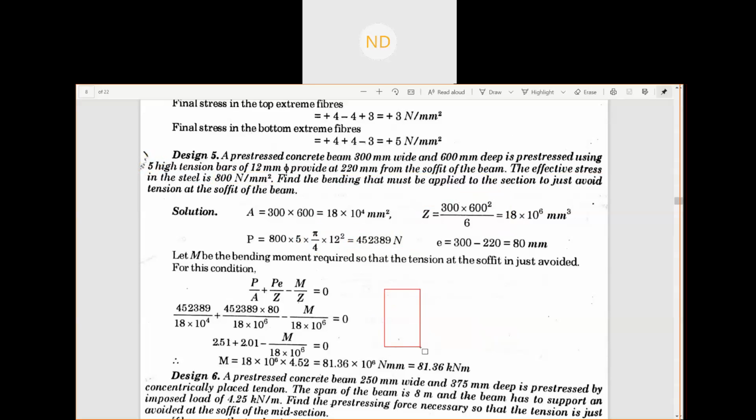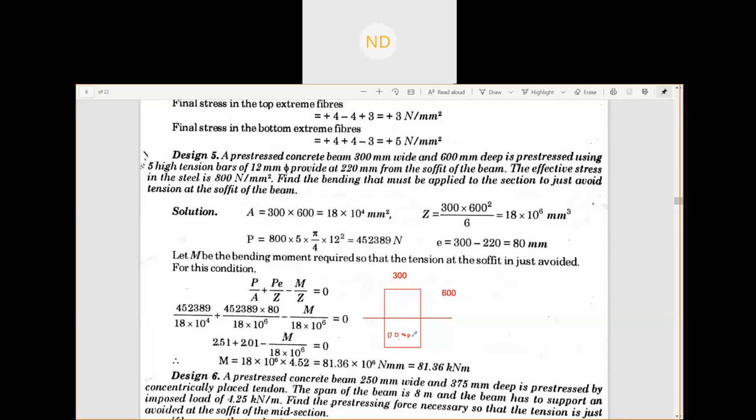This was your section. Here it was 300, 600. The center line was, suppose, somewhere here. Then it was mentioned that at the soffit your tensile bars are provided here somewhere. 5 bars: 1, 2, 3, 4, 5.